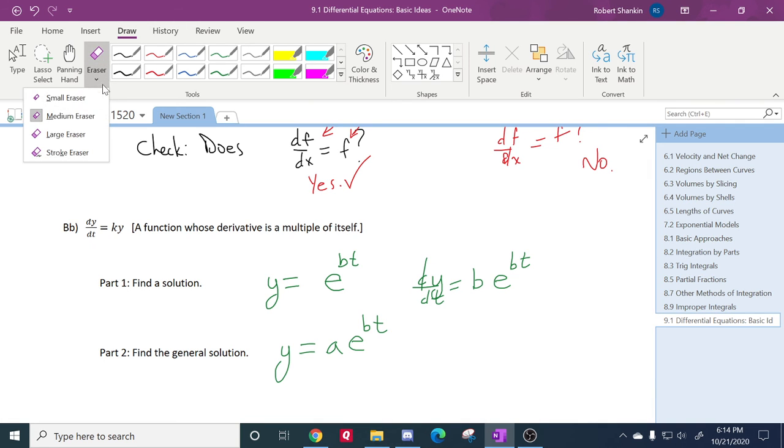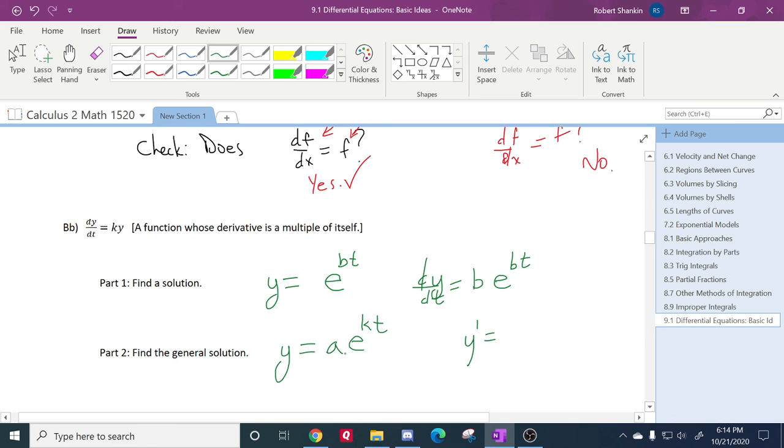Let me put a k right here so it matches up to make it really clear, where the k is going to be showing up here.